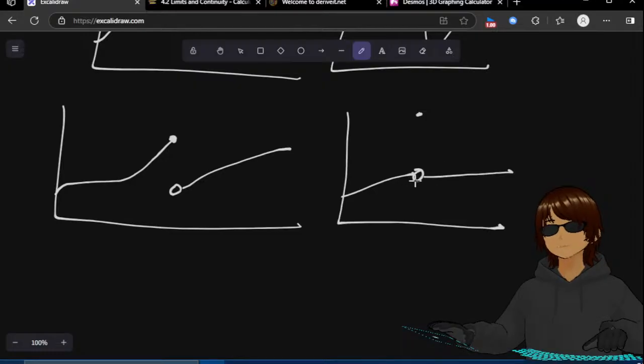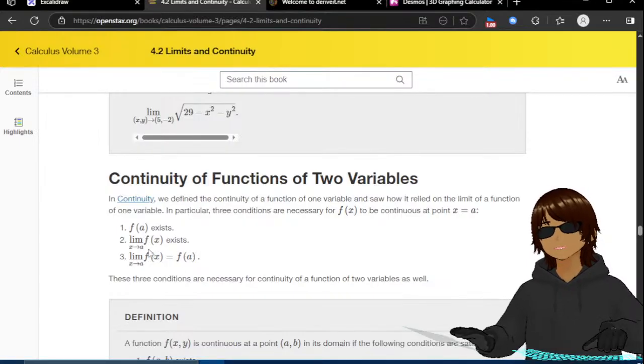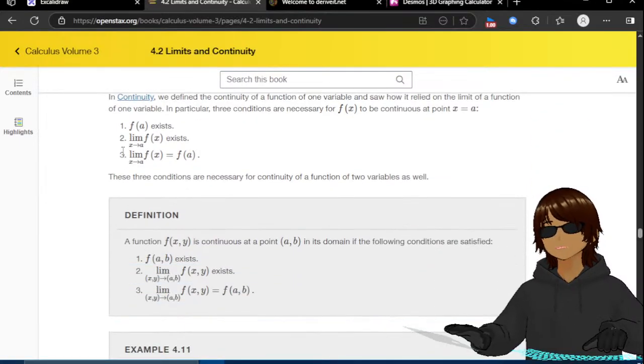So the limit is defined. f of x is defined because it has a value at that point. However, the value and the limit are different. The actual value and the limit are different. So that violates the third point. So all these 3 points need to be valid in order for the function to be continuous at that point.